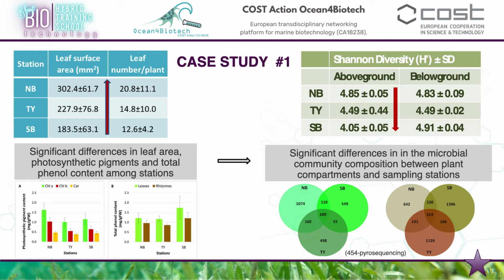So there is a change in the ecophysiology of the plants, and on the same plants what we saw is that there are significant differences in the microbial community composition between plant compartments and stations. So there is a sort of mirroring of the difference that we found in morphometric and biochemical descriptor also in the microbial community.